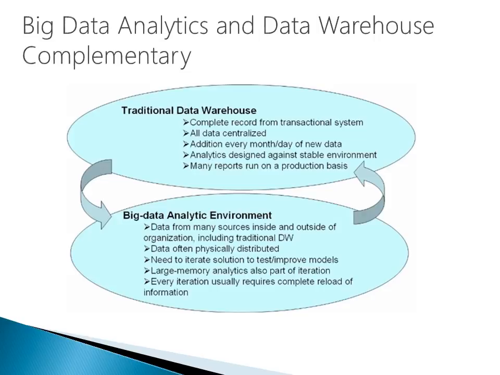Whereas in a big data environment, the data comes from many different sources. Some of it are the DW sources, but they may also come directly from the web itself. The manner in which the data is recorded and stored, it's physically distributed across different channels, and we'll talk about that in a little bit.